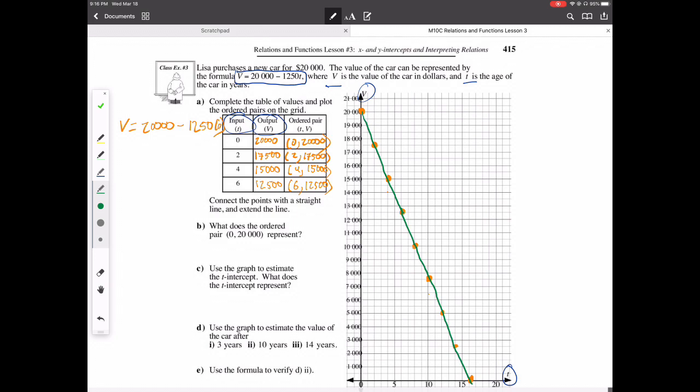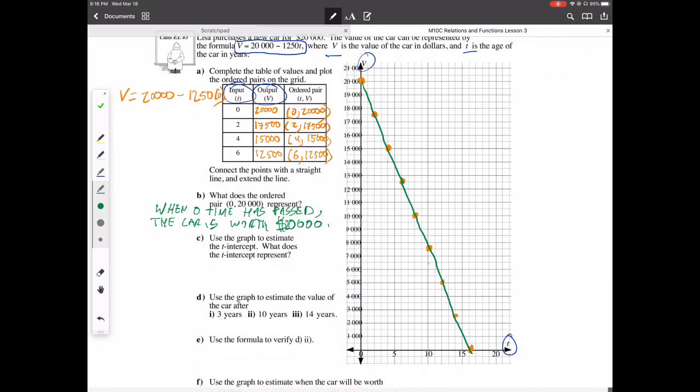When it asks, what does the ordered pair of 0 and 20,000 represent? Well, in this case, it is when 0 time has passed, the car is worth $20,000.